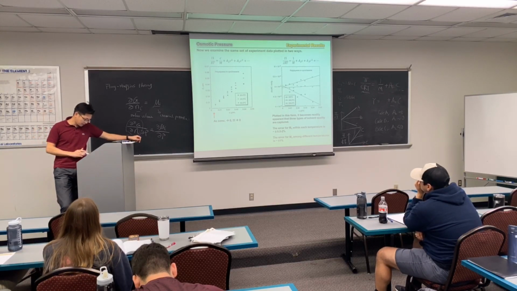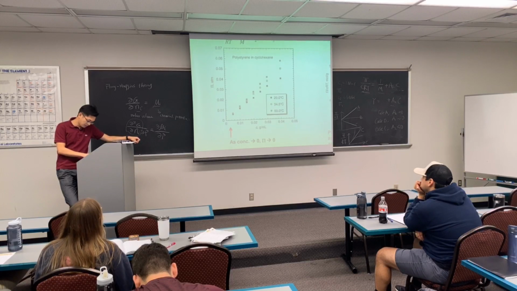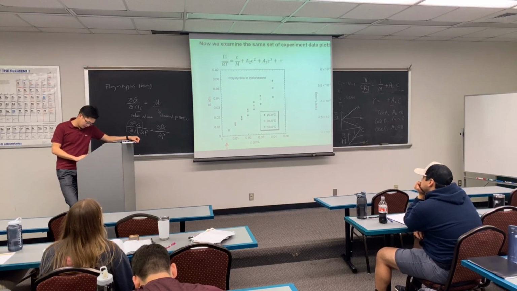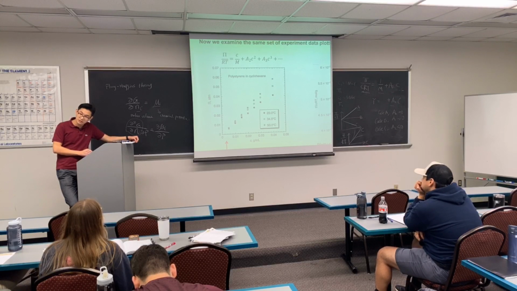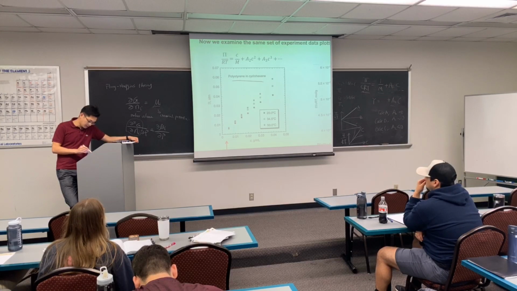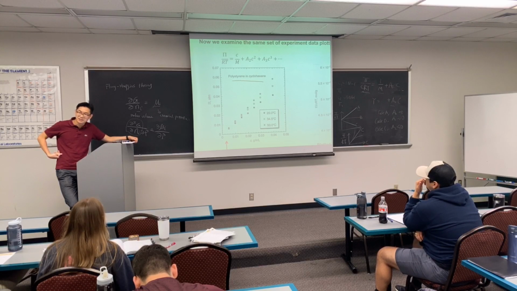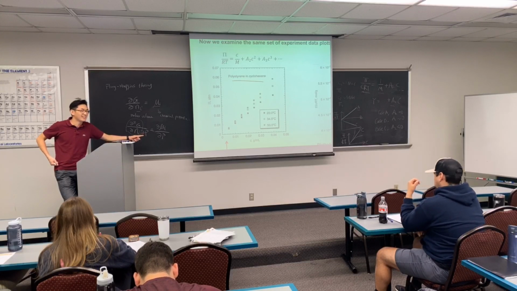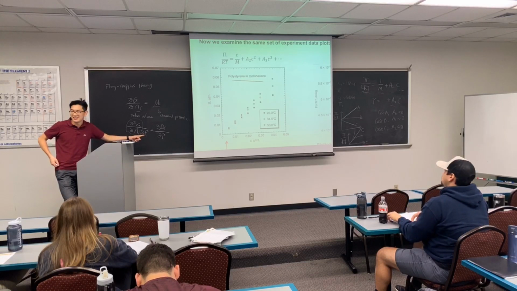So this is some experimental data I just want to share with everybody. This plot is osmotic pressure, whose unit should be atm, and horizontally it's the concentration. And everybody remember what is unique about polystyrene in cyclohexane? Theta solvent at 34.5 degrees.